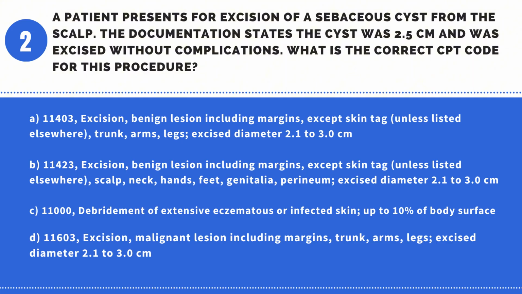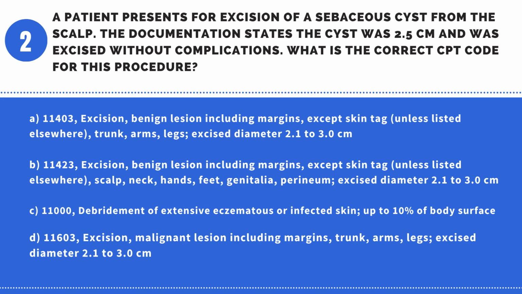A. 11403, excision, benign lesion including margins, except skin tag, unless listed elsewhere. Trunk, arms, legs, excised diameter 2.1 to 3.0 centimeters. B. 11423, excision, benign lesion including margins, except skin tag, unless listed elsewhere. Scalp, neck, hands, feet, genitalia, perineum.